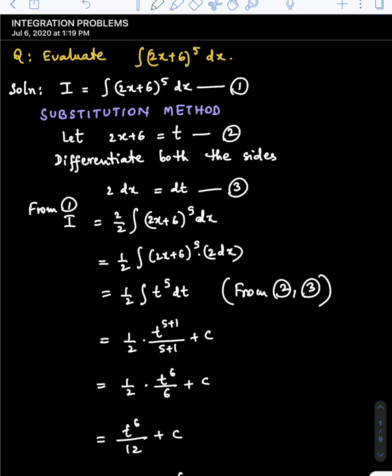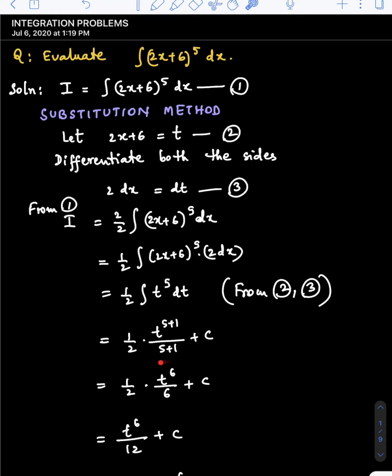Where is equation 2? 2x plus 6 is t. In place of 2x plus 6, I am taking t. And from 3, this 2 dx is replaced by dt. So this is the form.